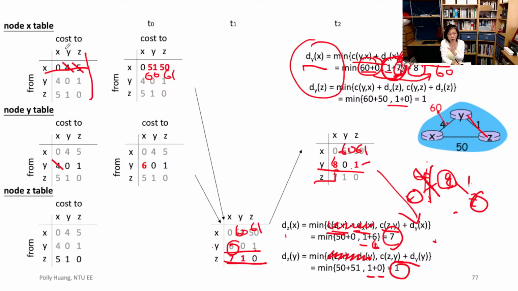For example, x to y, the minimum cost is 4, but it also keeps the next hop being y. From x to z, the cost is 5, and the next hop from x to reach z is y. So this information is actually kept in Dx as well. But in the calculation, we don't really need that. But in case of doing Poisson reverse, yes.